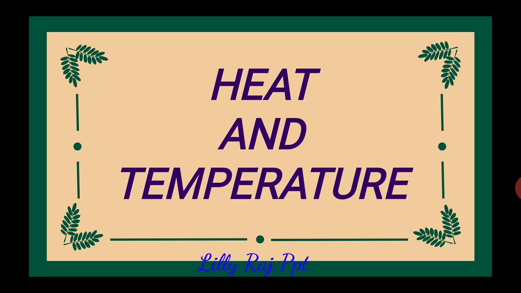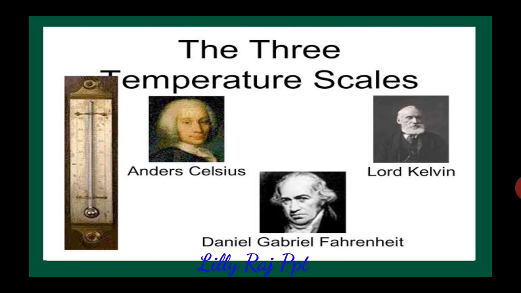Okay, next we are going to learn about the three temperature scales. In the thermometer there are three temperature scales. So today we are going to learn the three temperature scales. What are the three temperature scales?